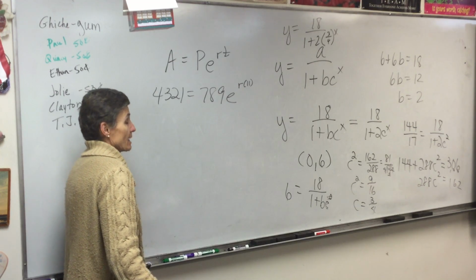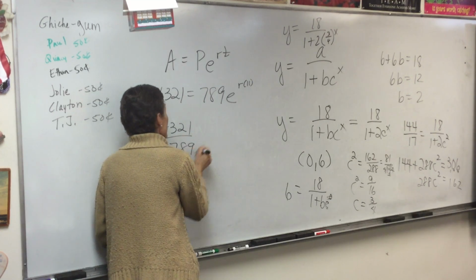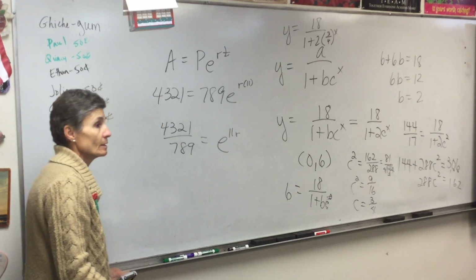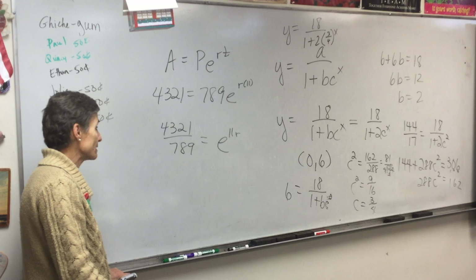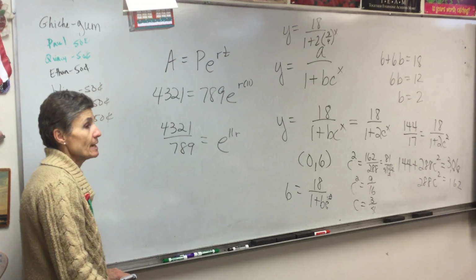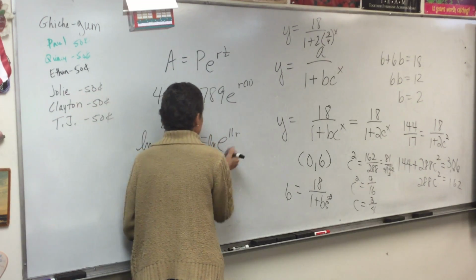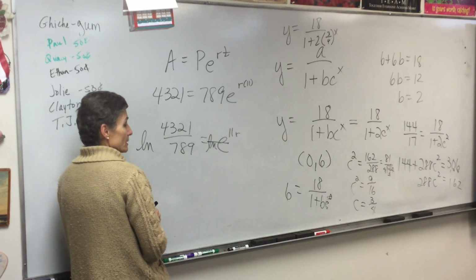Because what's the first thing? Divide. So 4, 3, 2, 1 over 789. Unless that goes in evenly, we are not dividing it. I doubt it goes in evenly, so we're just leaving the fraction. Now we're going to take the natural logarithm of both sides, and anytime you have an ln and an e, they're going to cancel.